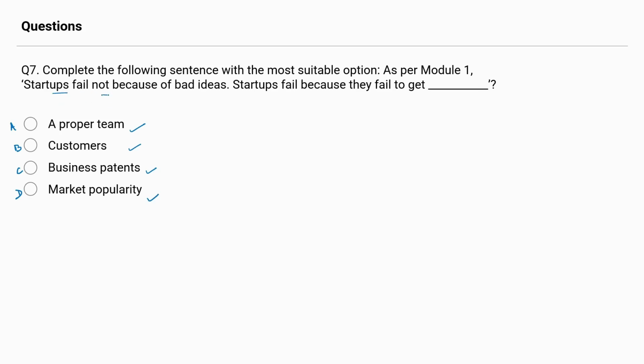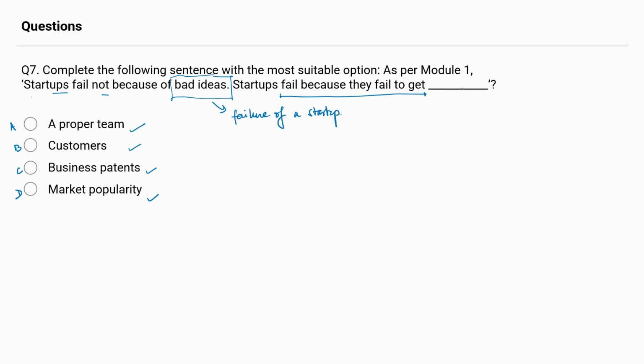Why do the startups fail? What is it that they fail to get? So the sentence here says that startups fail not because of bad ideas. So it is not the bad ideas that are leading to the failure of a startup. In fact, it is about failing to get this.